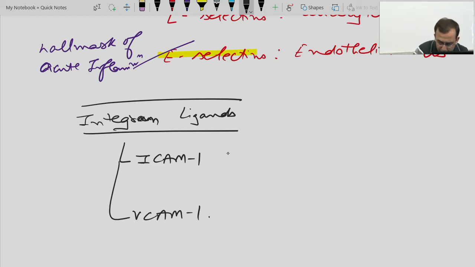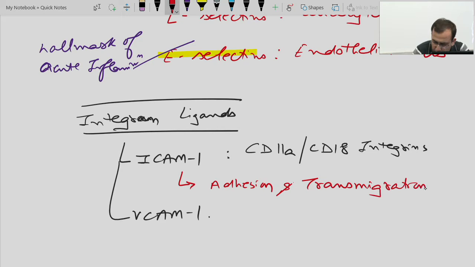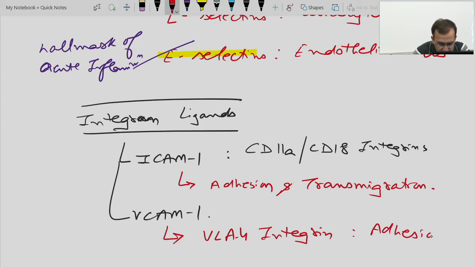ICAM1 is the CD11A/CD18 family of integrins, which is responsible for adhesion and transmigration, versus VCAM1, which is a VLA4 integrin, which helps only in adhesion. So please note, ICAM1 is also responsible for transmigration, and this was what was asked.